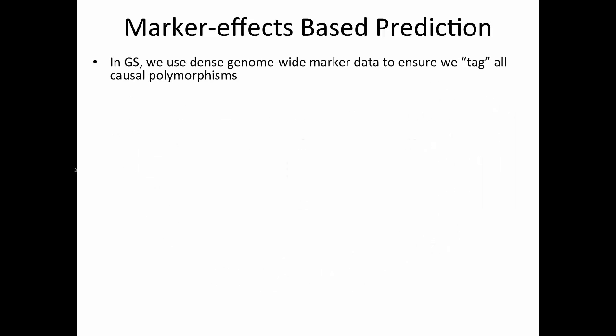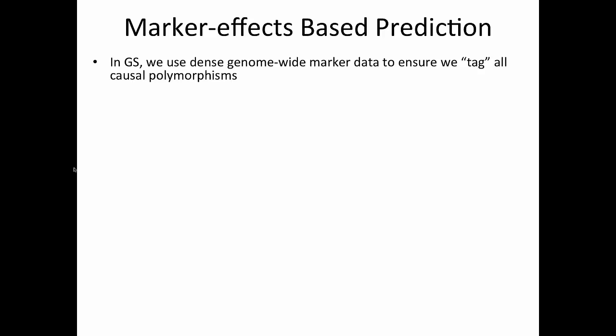Okay, so in genomic selection, we're going to use dense genome marker data. The idea is that we're not going to try to discover specific loci that are important, because we know for a fact that we can't really discover each one. We're going to discover the low-hanging fruit, the ones that have a very strong effect.